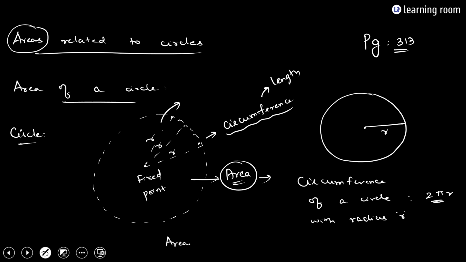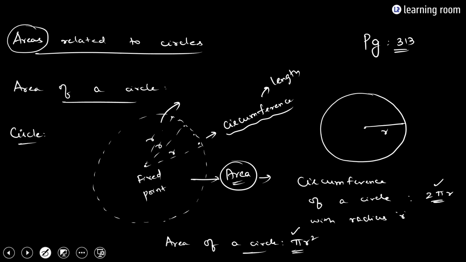Similarly, when I talk about the area of a circle, what is it going to be? Pi r square. I'm talking about the area of the whole circle, not a sector. Area of the whole circle is pi r square. So this is the length of the whole circle, and this is the area occupied by the whole circle.